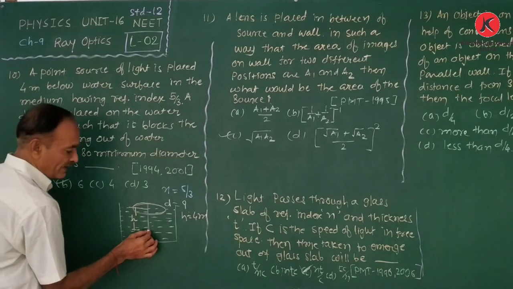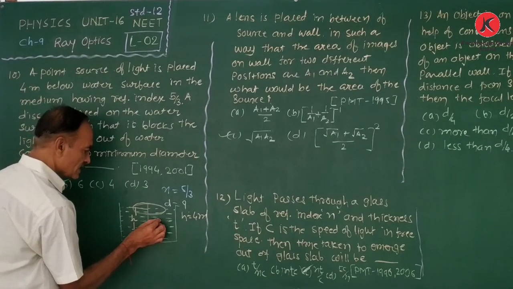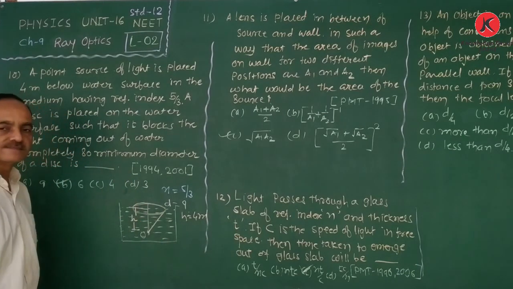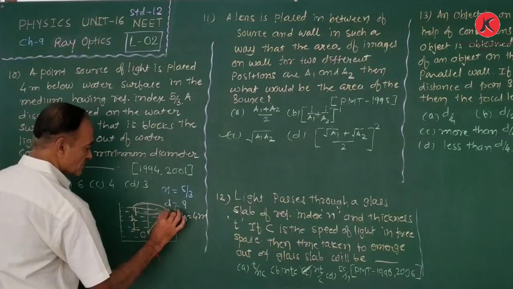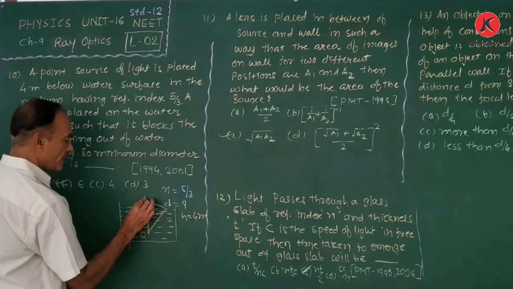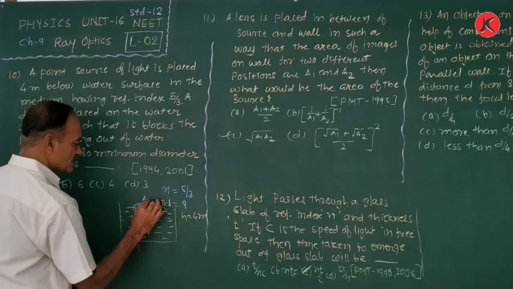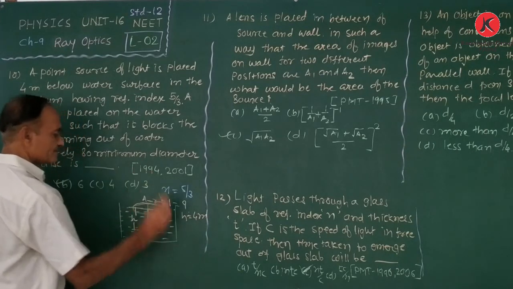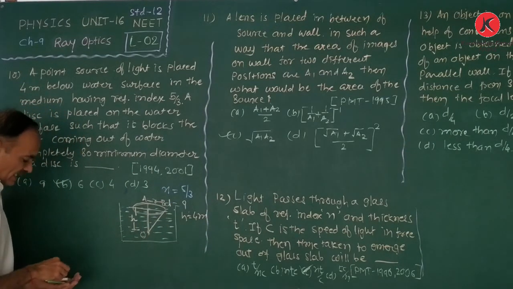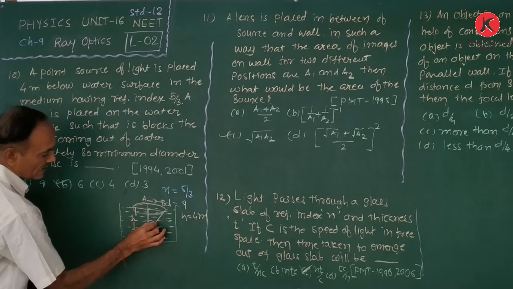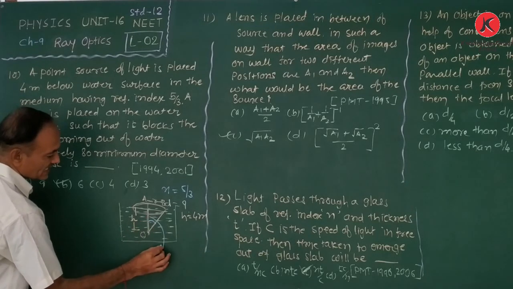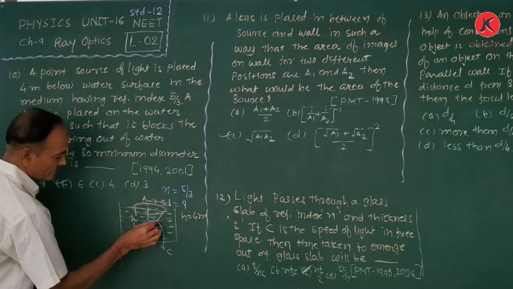Now, the ray coming from the source is incident on the edge. So that is the right angle triangle OAB. AB is the radius of the disk. This angle is the critical angle C.